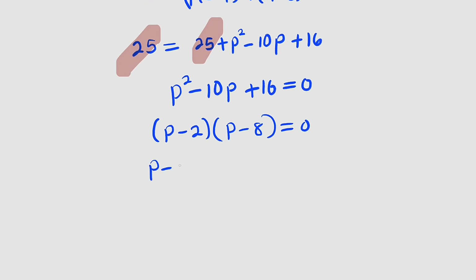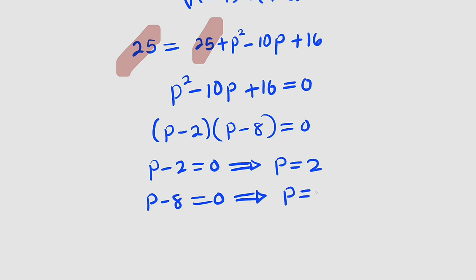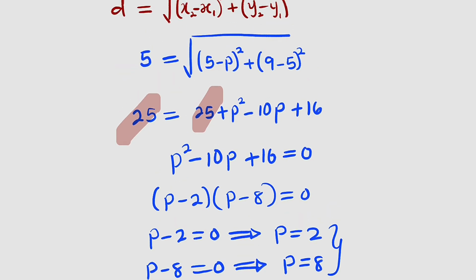The first one, p minus 2 equal to 0, which implies that p is equal to 2. And the second one, p minus 8 equal to 0, which implies that p is equal to 8. Therefore, p could either be 2 or 8. And hence, this is the solution to the first problem.